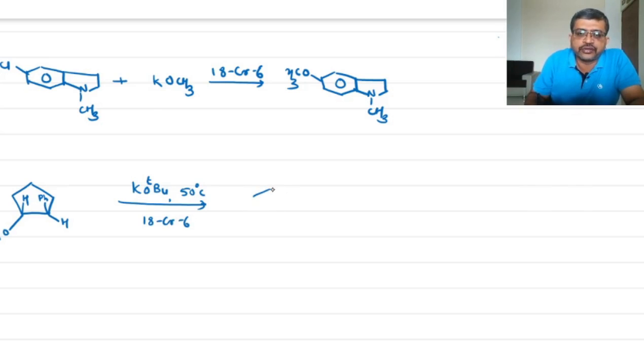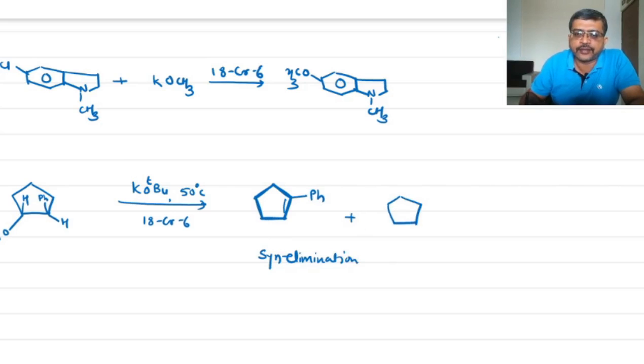It gives us two products, one proceeding via syn elimination and the other via anti-elimination.